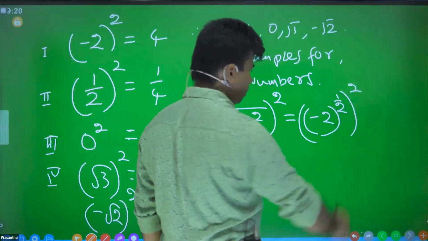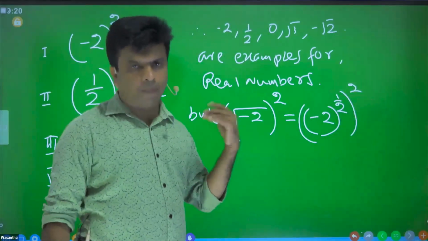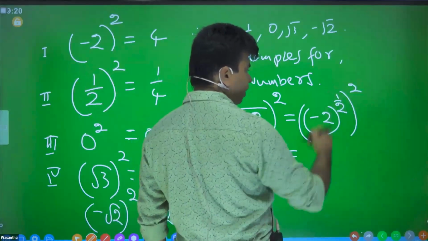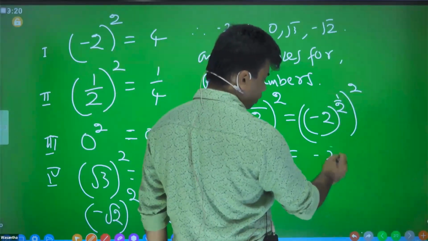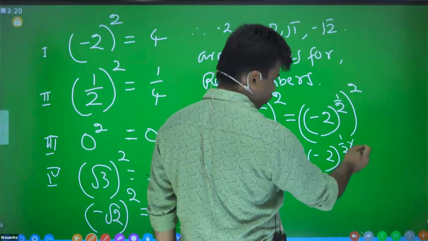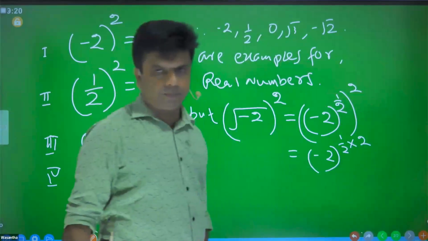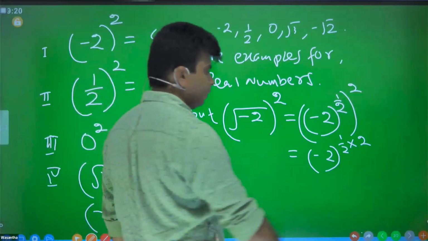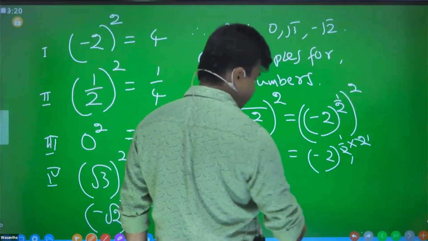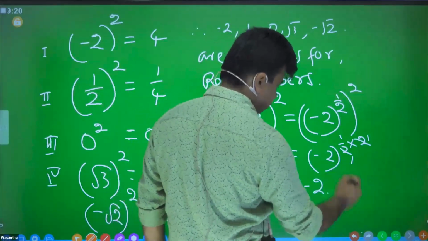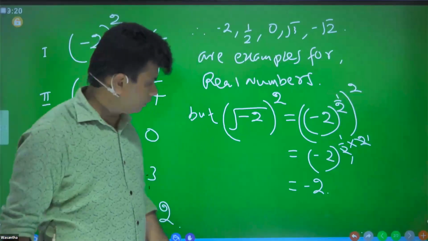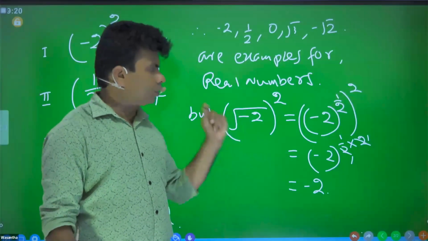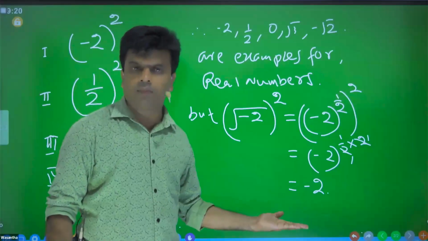That is power of the power, so the powers are multiplied: half into 2. Then you will have minus 2. Did you see? When you have a negative number inside the square root and you square it, you get a negative number.